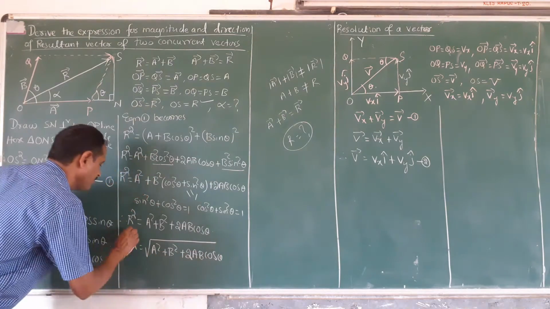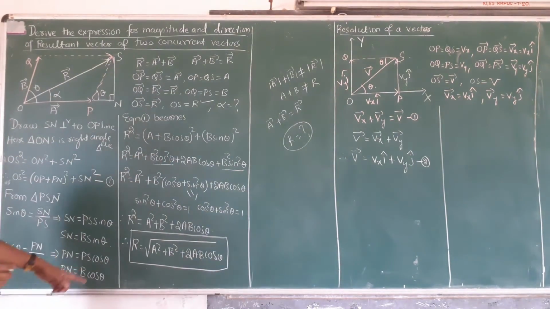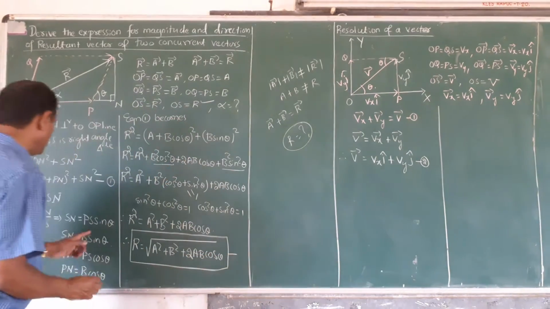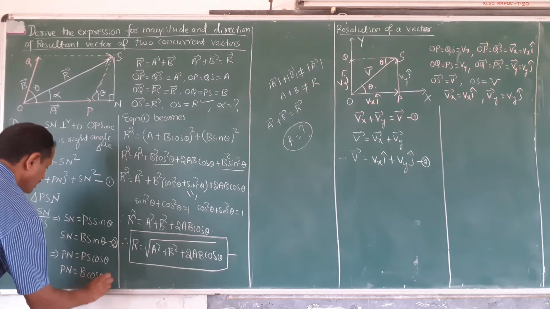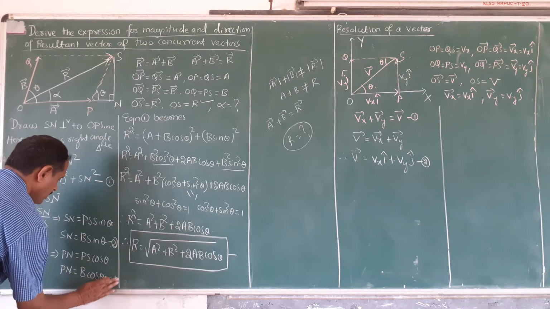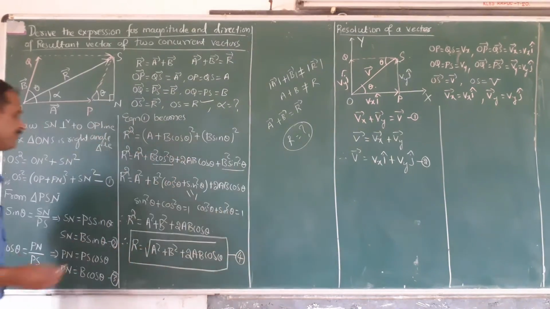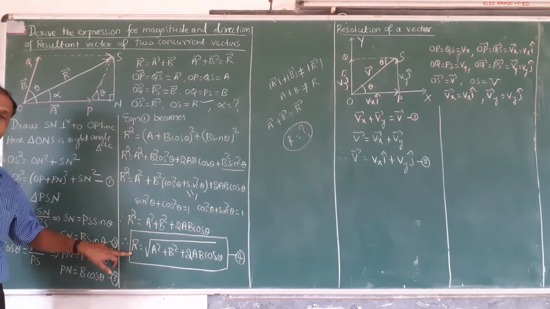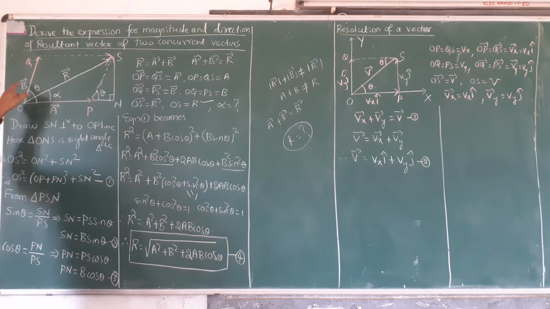This is the expression for magnitude of the resultant vector of the two concurrent vectors. Suppose this is equation number 2, this is equation number 3. Finally, this is equation number 4. It is the expression for magnitude of the resultant vector of two concurrent vectors.